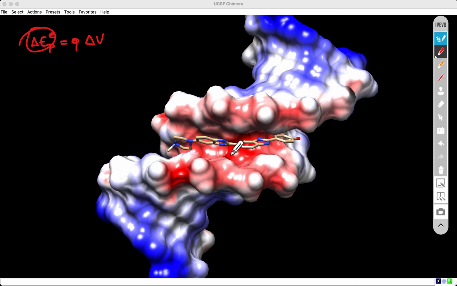You do have hydrogen bonds, you do have van der Waals interactions, you do have the presence of the water molecules around them that make things much more complicated. So it's not the whole story, but sometimes it is helpful for us to think about using the electrostatic potential to get insight for the interactions.